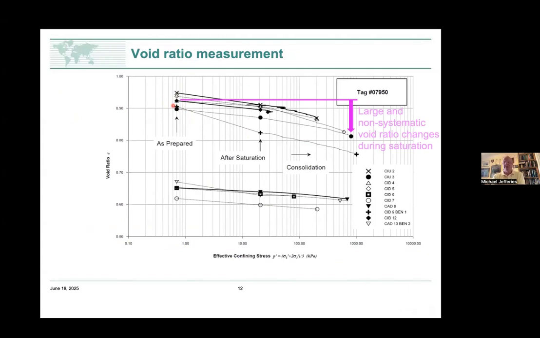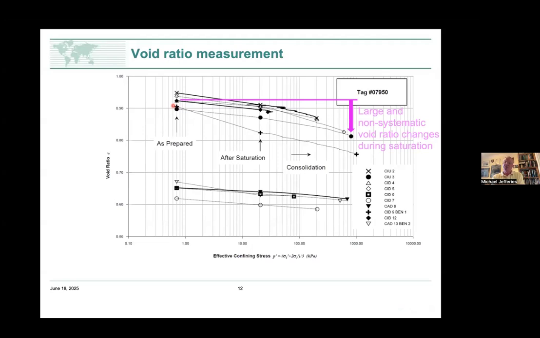The problem comes when we saturate the sample. The samples have a habit of collapsing, and we're moving water into the sample by very definition of saturating it. So if we measure the volume of water flowing into the sample, that will not reflect the volume change of the sample. You can try measuring the amount of water flowing into the confining jacket around the sample, but that's not very accurate.